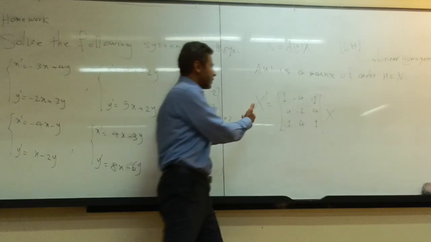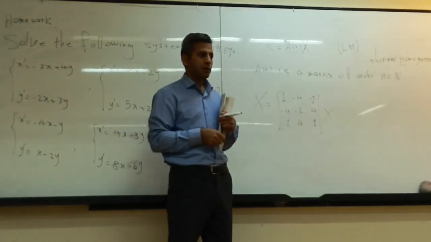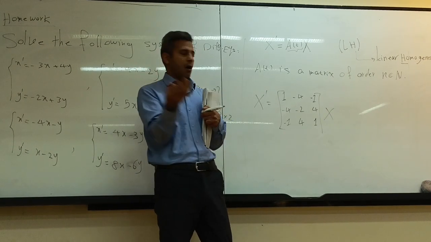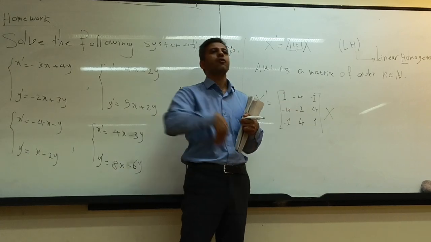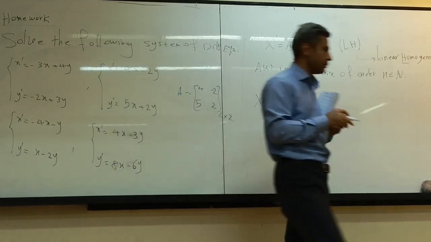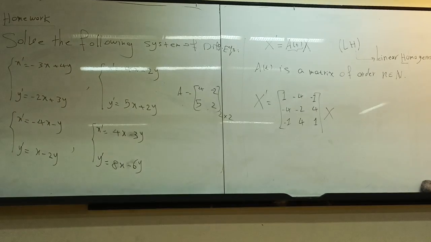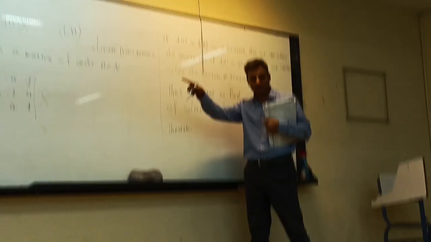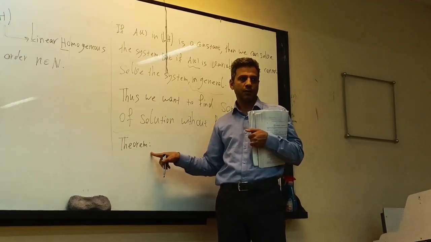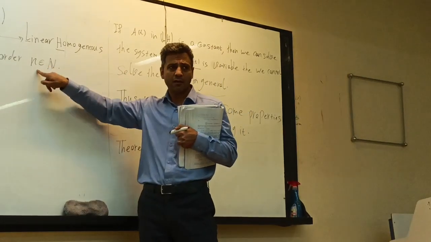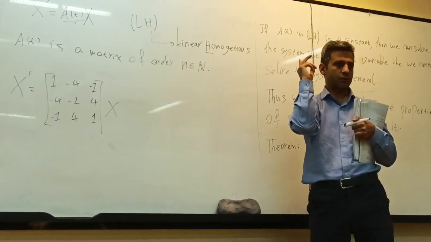If A(t) is of order 3, we have three solutions. Of order 4, we have four solutions. I state this property in the theorem. This theorem: A(t) of order n, we have n solutions.